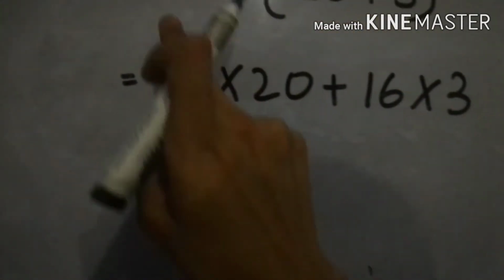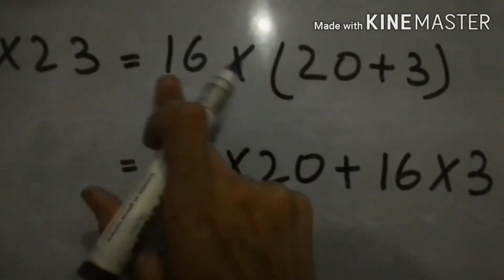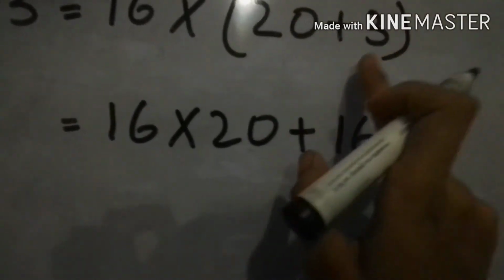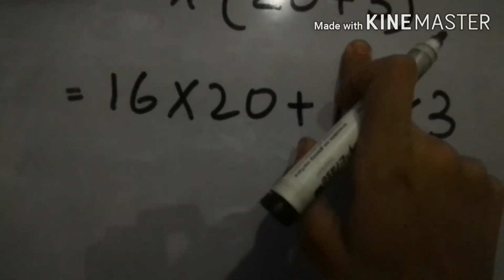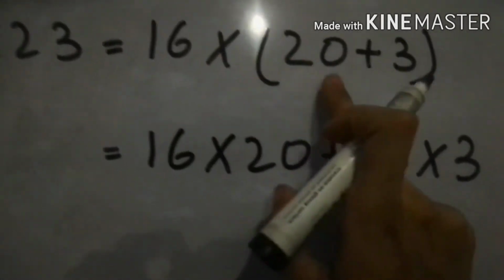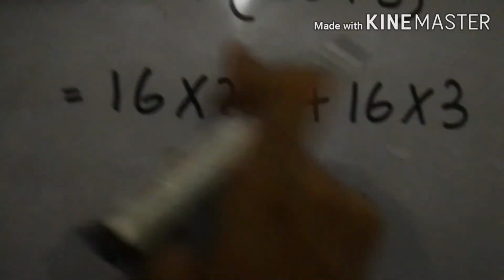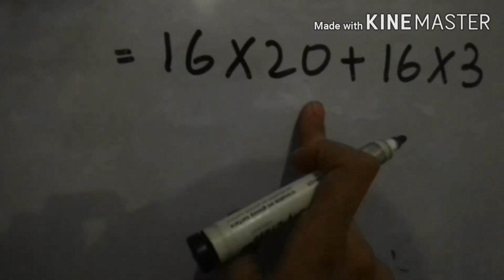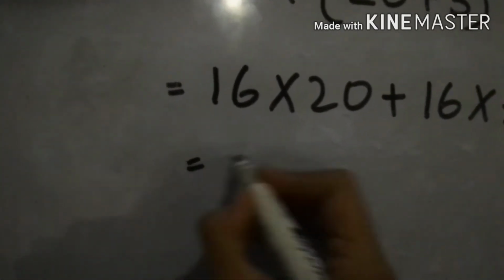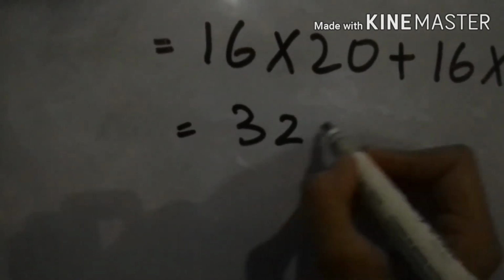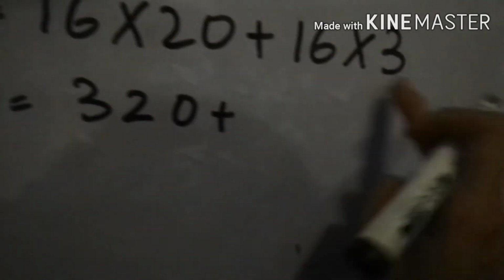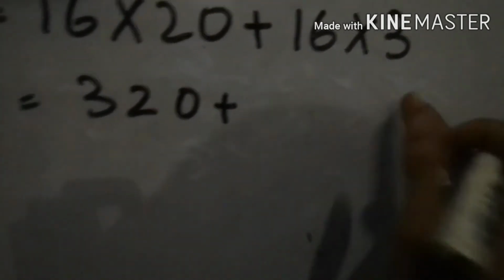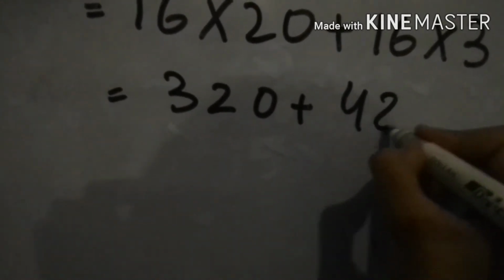We will multiply this 16 by both the numbers that are present in the bracket. 16 multiplied by 20 plus 16 multiplied by 3. 16 multiplied by 20 is equal to 320 and 16 multiplied by 3 is equal to 48.